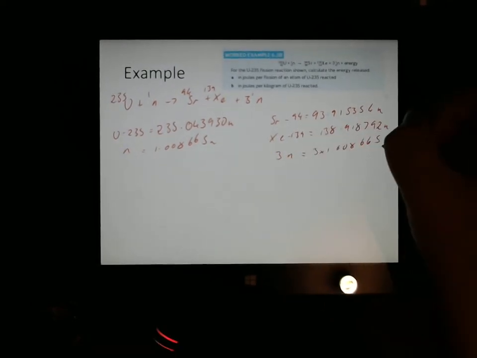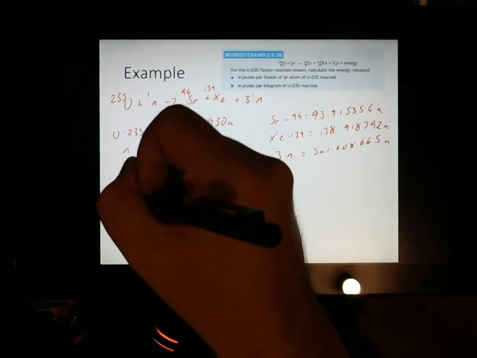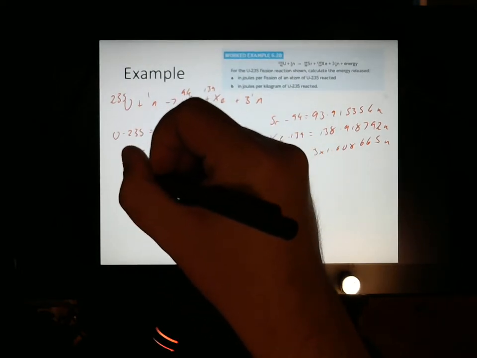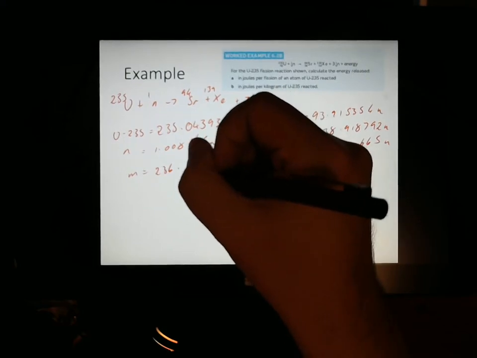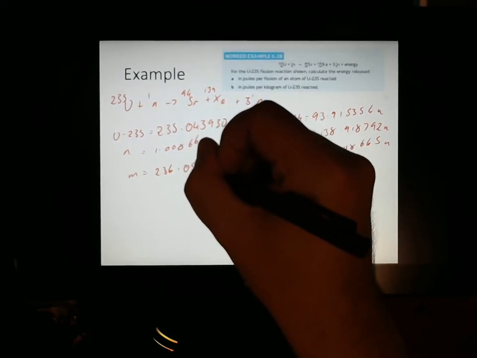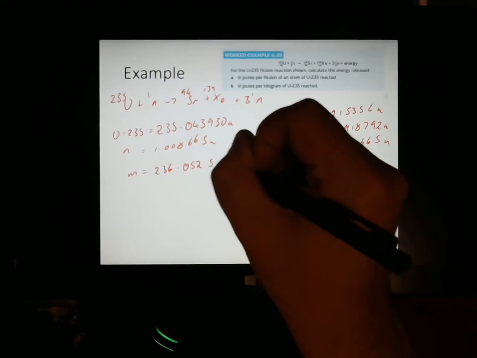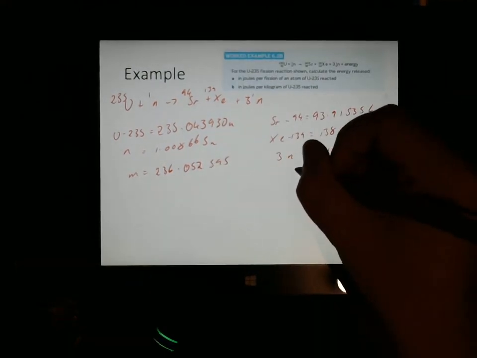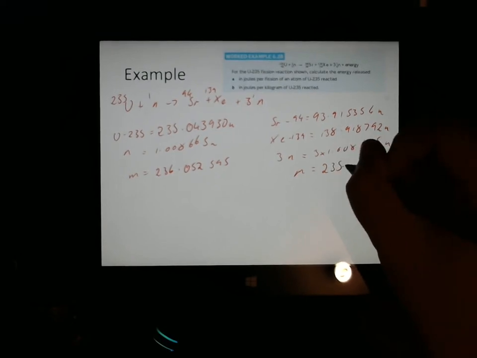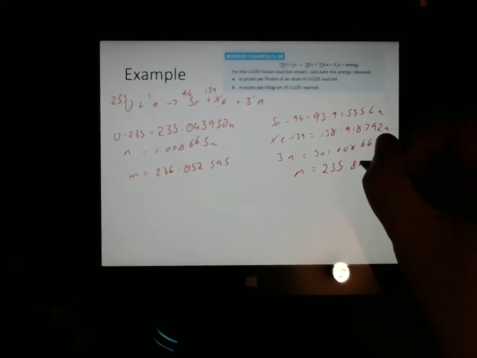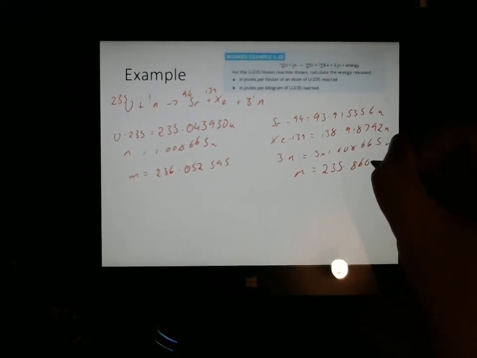Now we add those up together on this side, we're going to get 236.052595. We add up the masses on this side, we get 235.860143.